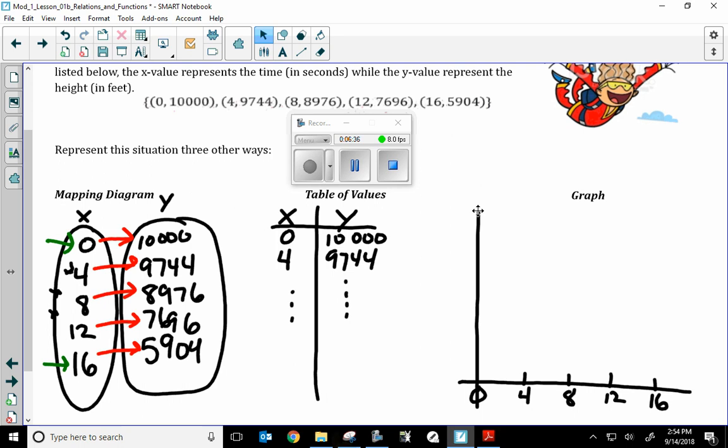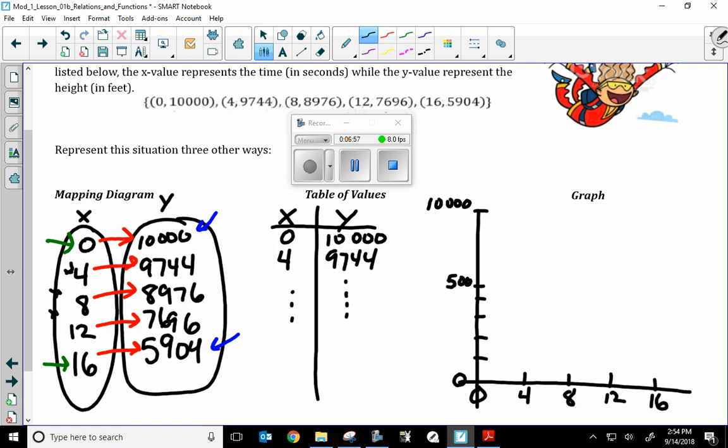Now, when I look at my y's, it goes as high as 10,000 and as low as 5904. So what I'm going to do is go from 0 to 10,000, and then I'll just go by thousands. 1,000, 2,000, 3,000, 4,000, 5,000, 6,000, 7,000, 8,000, 9,000, 10,000.